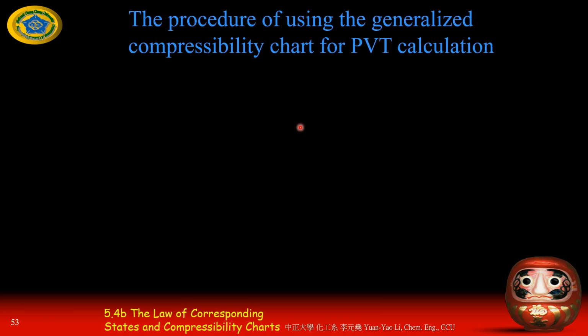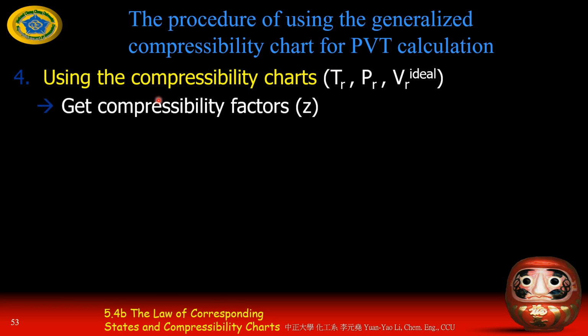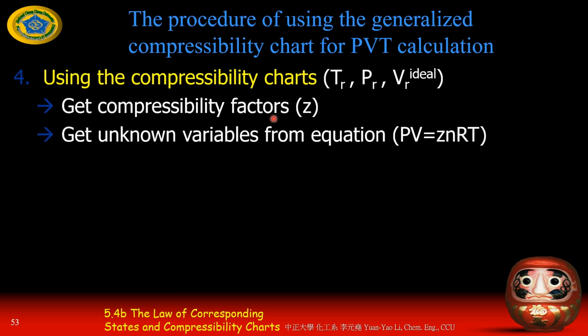So the procedures of using the generalized compressibility chart for PVT calculation. Next one is using the compressibility chart TR, PR, VR ideal to get a compressibility factor. Remember? So after you get Z, you can get unknown variables from the equation.